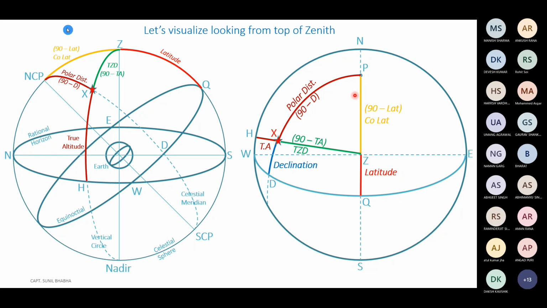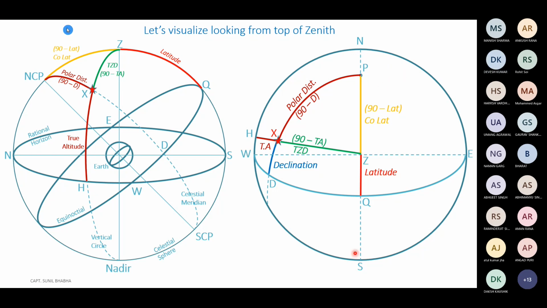So this particular angle, angle P, is the angle between the celestial meridian of the observer and the celestial meridian of the body. And this angle is being measured in this particular direction, which represents the westerly direction.